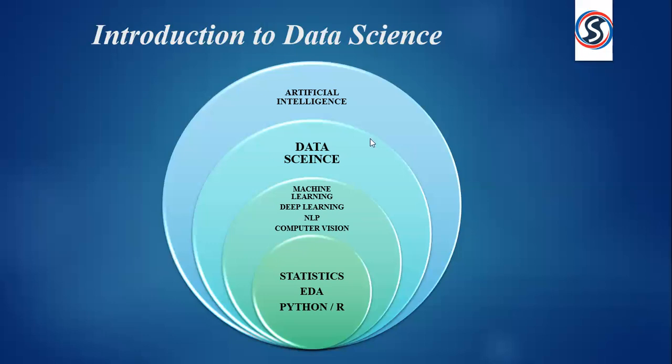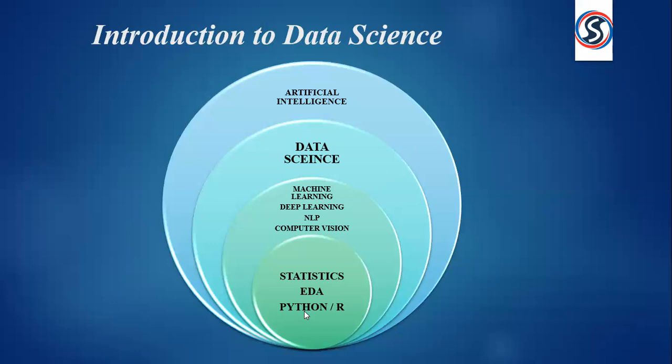Now, to completely deal with this data, obviously we need a communication language so that we could communicate with our models, whatever training we want to give, whatever accuracy we want. For that, Python or R comes into the picture.